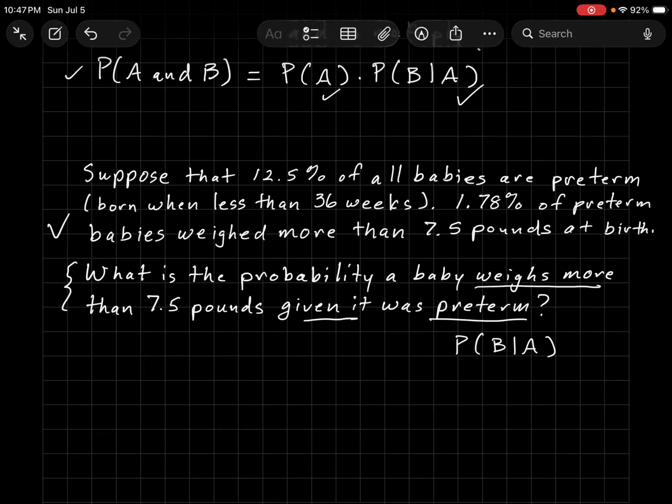So this is what I'm trying to find. Well, which of these things, weighs more than 7.5 pounds or preterm, is A? Which one is A? Well, from our notation, we know that this says the probability of B given A, right? So this is B given A, which means A must be the preterm.